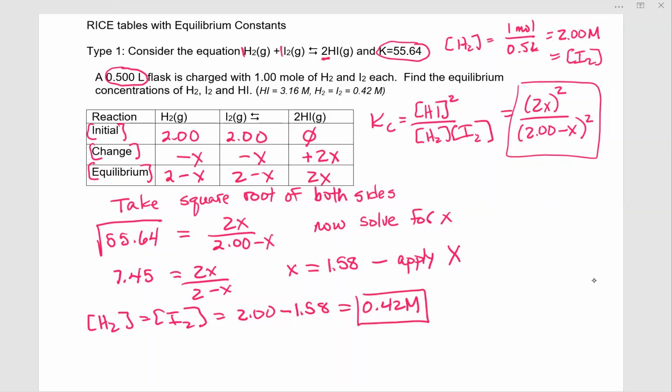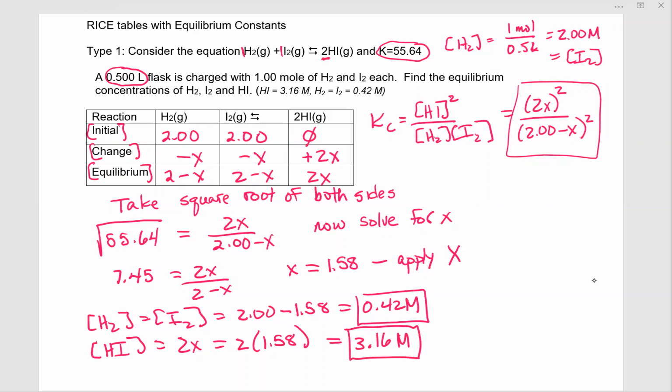Put a little box around it. We still have to do the concentration of HI. The concentration of HI is equal to 2x, which is equal to 2 times 1.58, and that is 3.16 molar.